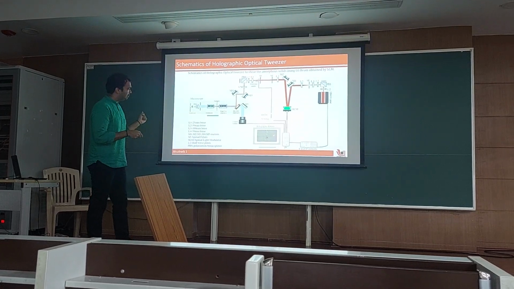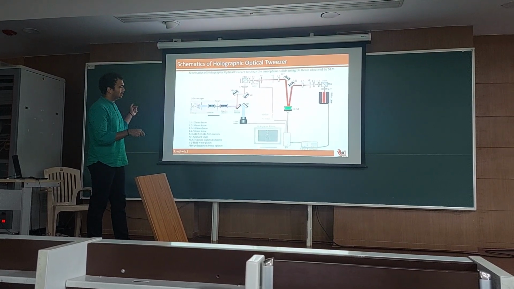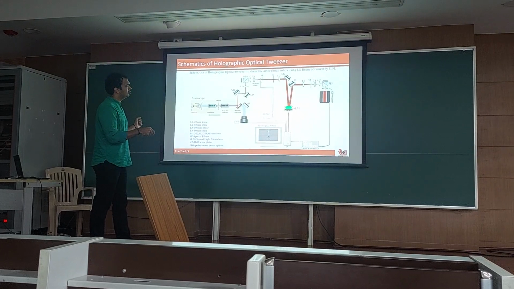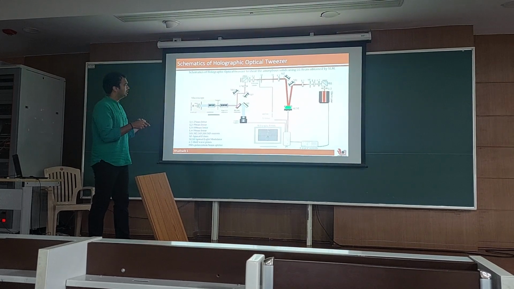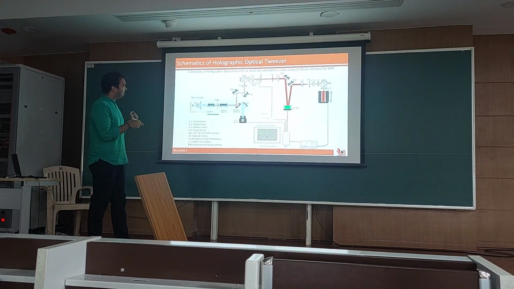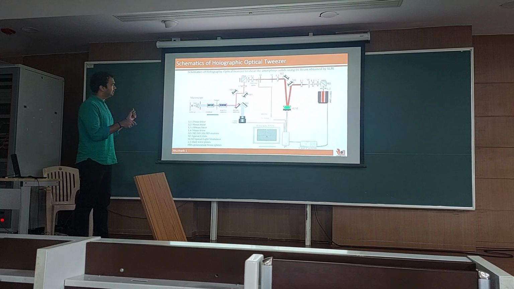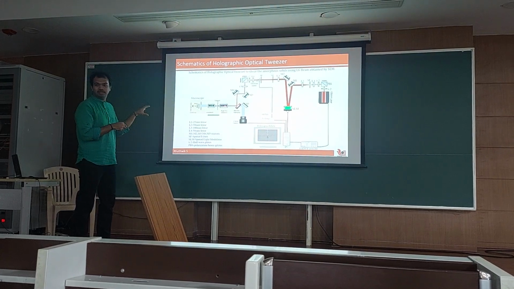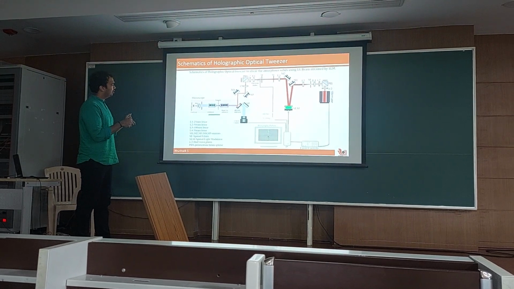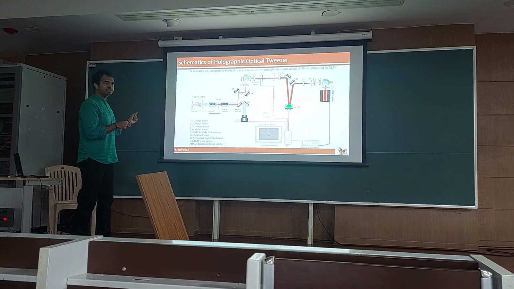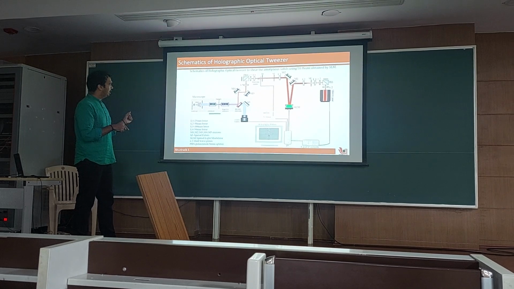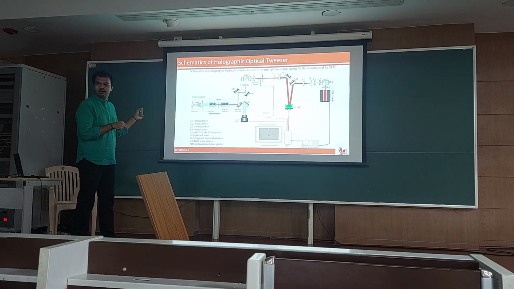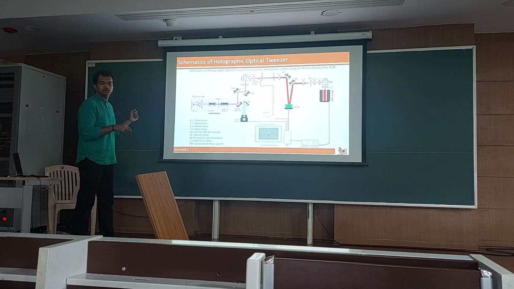We give the SLM the pattern I showed earlier, and we take only the first order, using special filters to remove the other orders. Then we reduce the size according to the back aperture of the high NA lens, collimate, and send it through the high NA lens. Trapping happens in the sample plane. It is an inverted microscope, and we take the image through bright field microscopy.